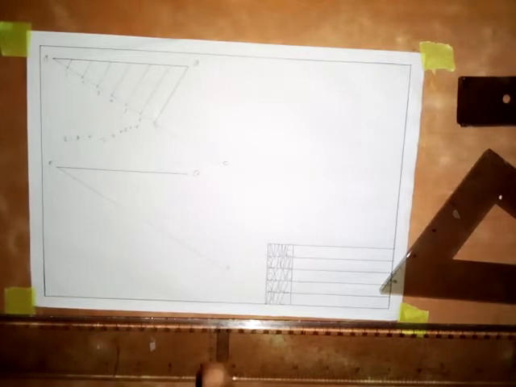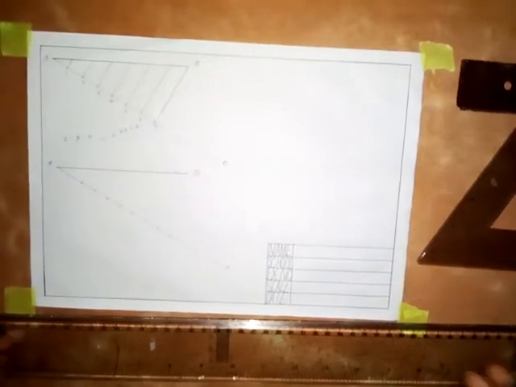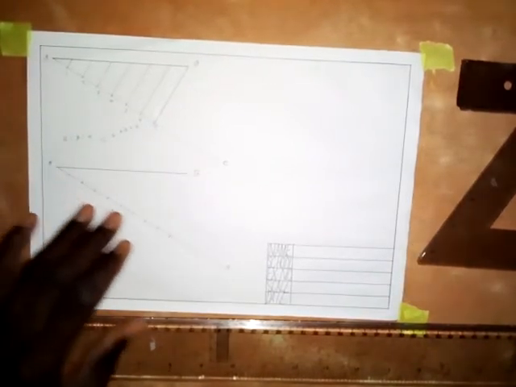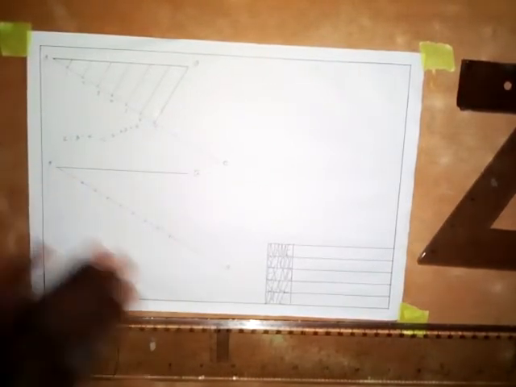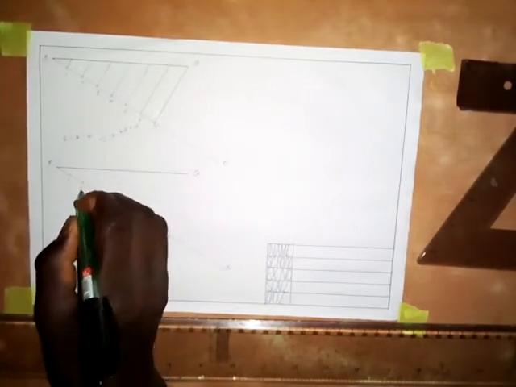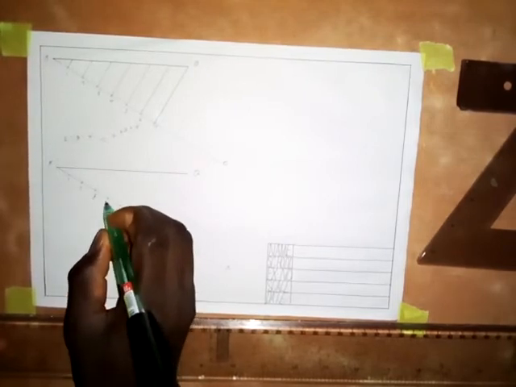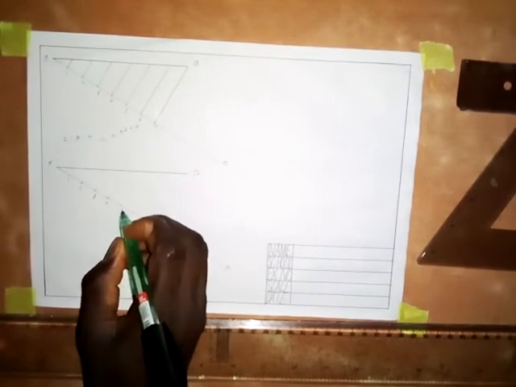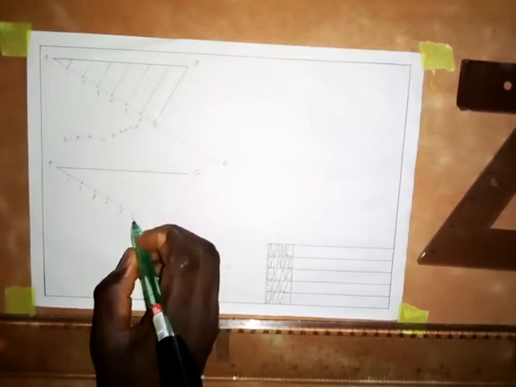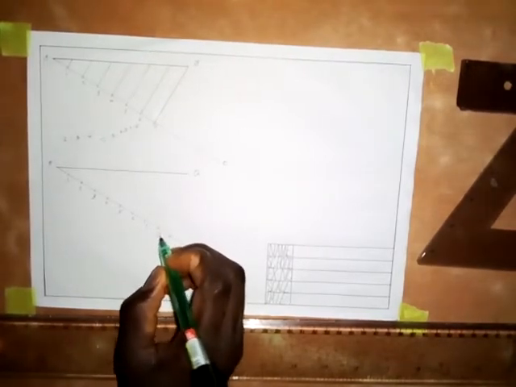So I'm going to pause the video, I will do that, and I'll come back after that. So I've produced 9 arcs on this line. If we number, this is 1, this is 2, this is 3, this is 4, 5, 6, 7, 8, and 9.